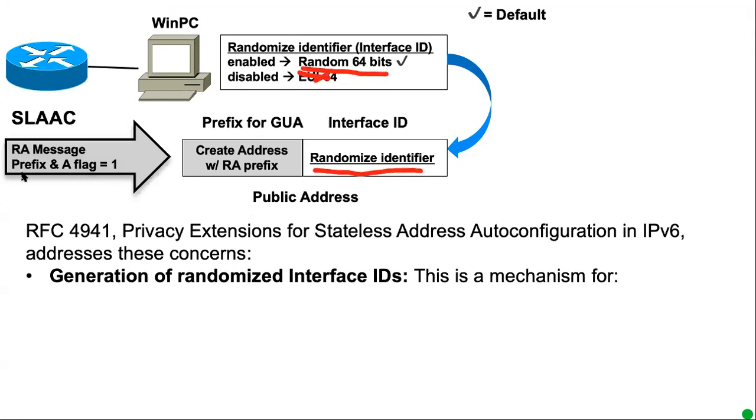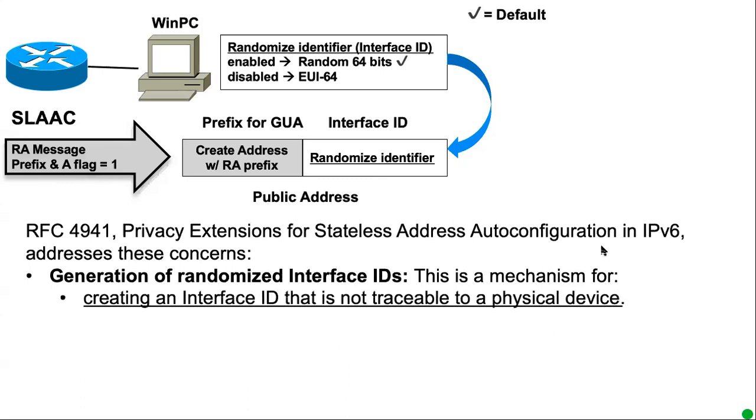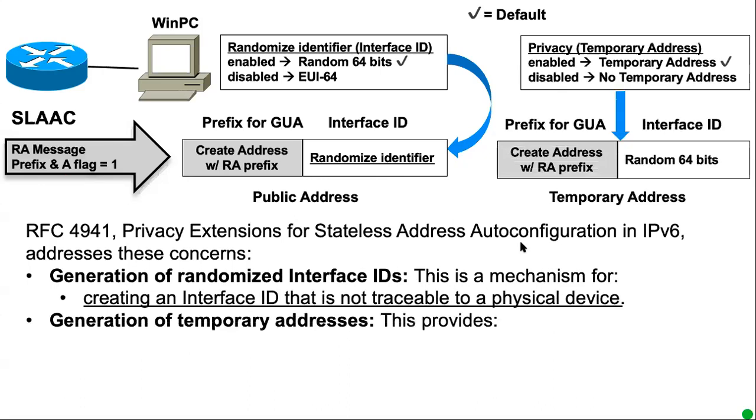So we get the prefix from the router advertisement, the A flag set to 1, so we're creating our own interface ID, and we're using a randomized number. This will allow us to create an interface ID that is not traceable. The other part of this, which is really cool, is something that we mentioned just briefly before, and that's the generation of a temporary address.